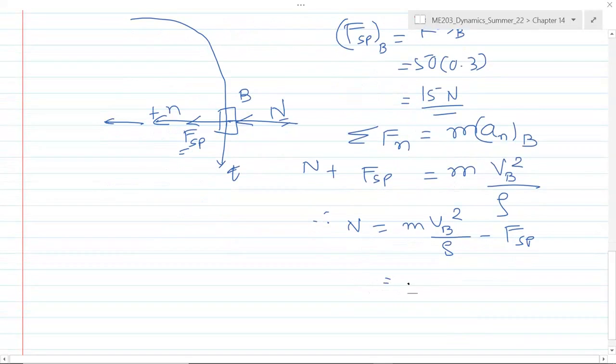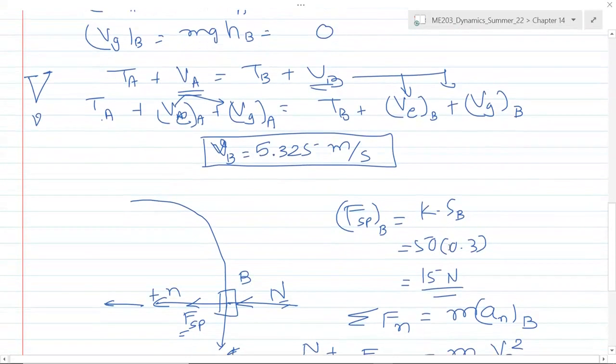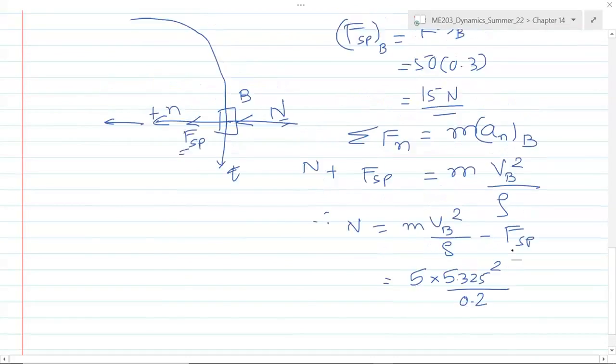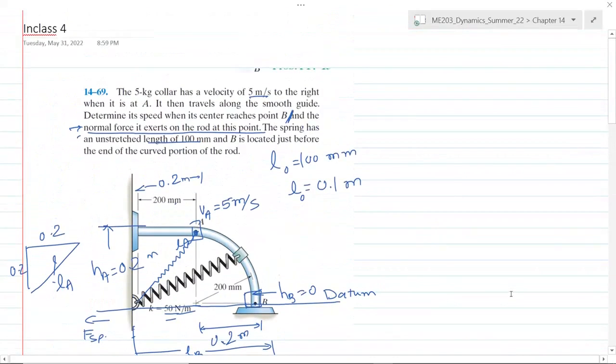And we know the mass of the collar, which is 5 kilogram. We know vB, which we have just calculated, the velocity of the block or collar at B, which is 5.325, divided by the radius of curvature, which is 0.2. See, the radius of curvature is the radius of curvature of this part only, this bend only, and that's 0.2 meters.